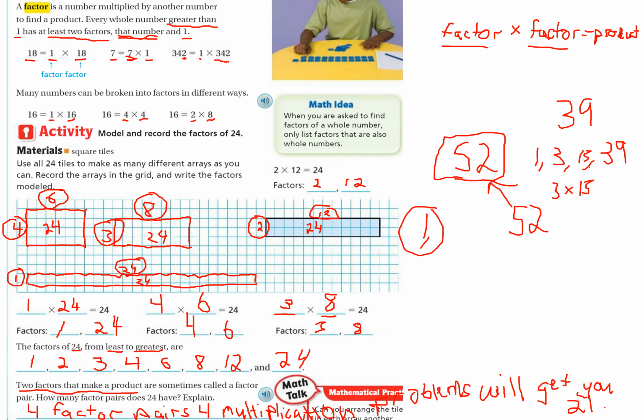Now, there could be more. I would have to think some more, right? I'd have to do some more multiplication to figure that out. But I want you to know that always 1 and the number itself are going to be factors of whatever number you're factoring. And there can't be any numbers bigger than the number itself. No numbers bigger than 39 will be a factor of 39.